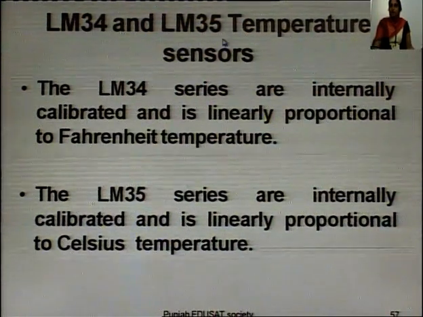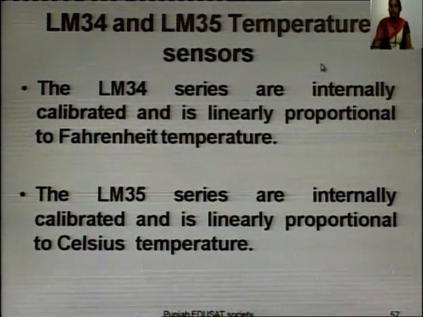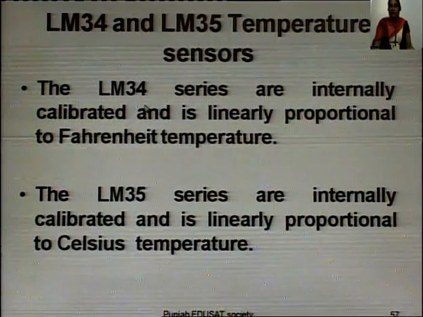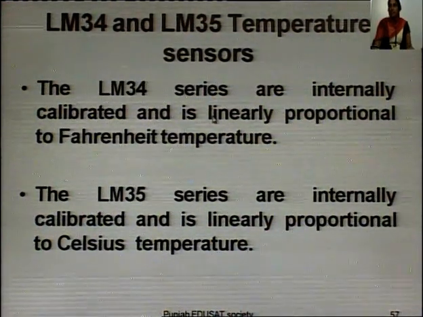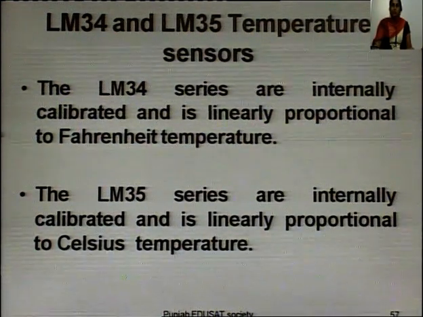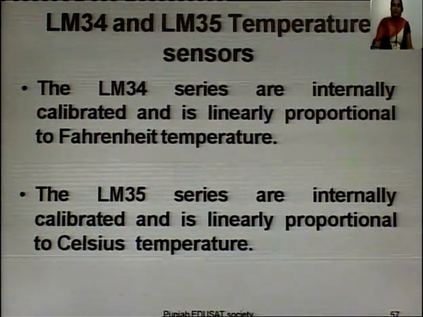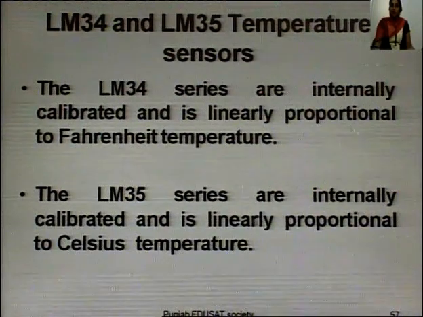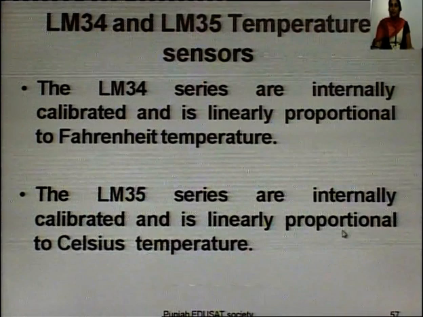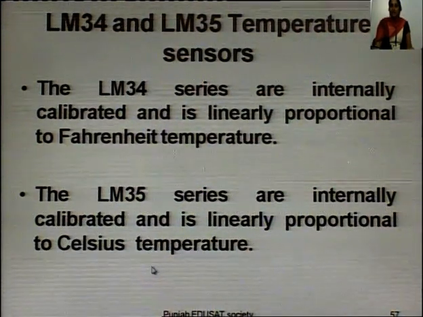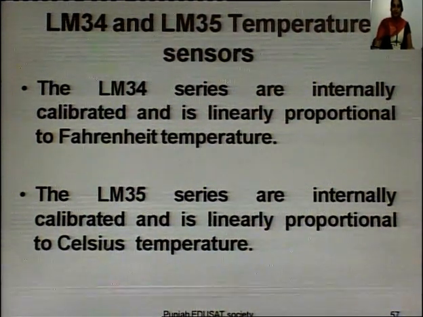LM34 and LM35 temperature sensors are used. The LM34 series are internally calibrated and linearly proportional to Fahrenheit temperature. The LM35 series are internally calibrated and linearly proportional to Celsius temperature.